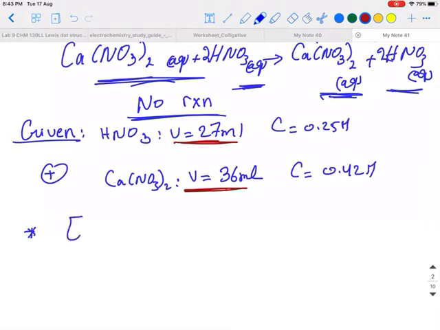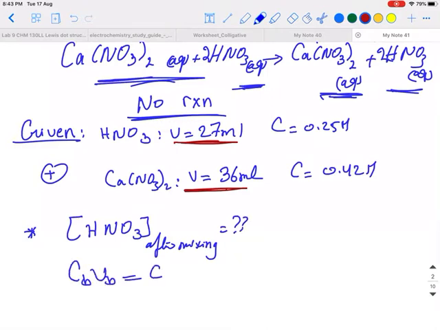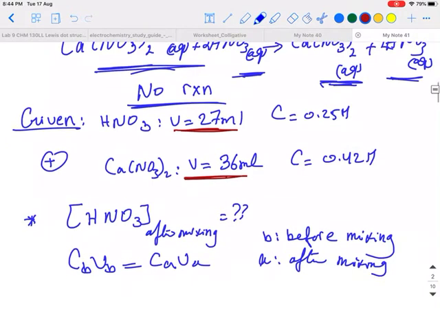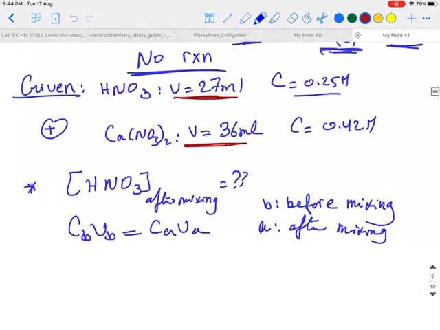So the first step, find concentrations after mixing. I will find the concentration first for nitric acid after mixing. Since it's dilution, CbVb equals CaVa, where b corresponds to before mixing and a corresponds to after mixing. What's the concentration of nitric acid before mixing? 0.25.